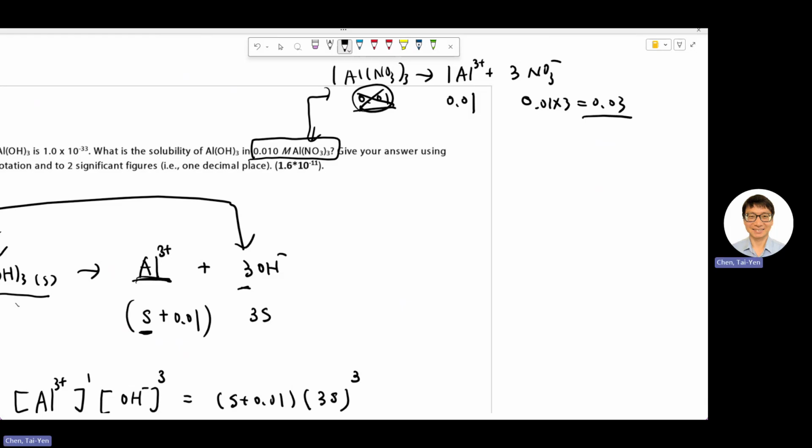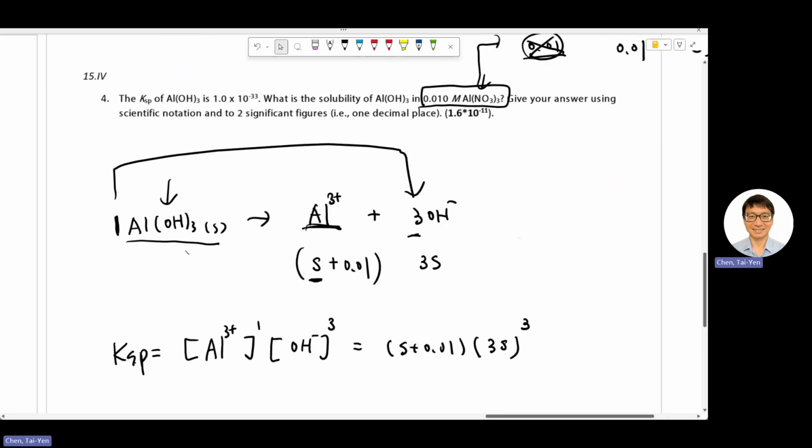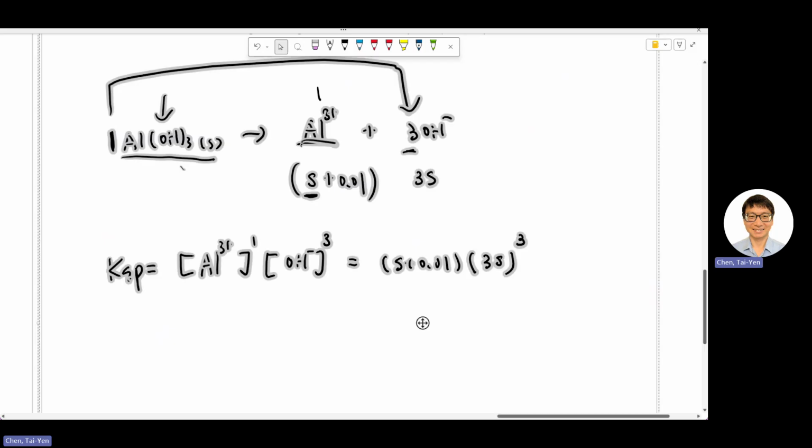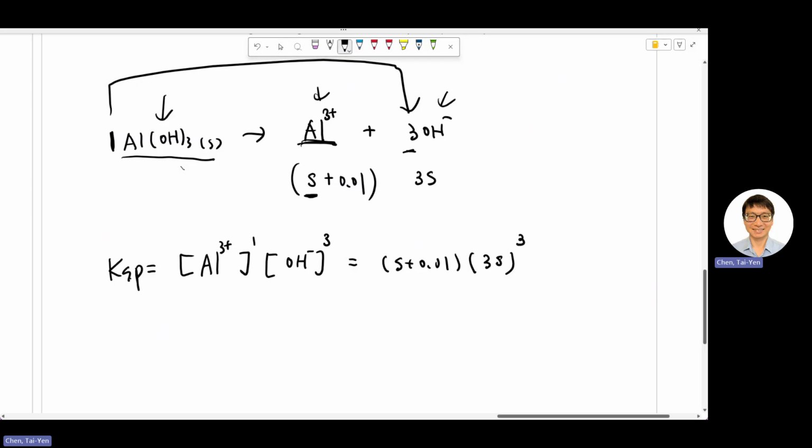You have aluminum, you have NO3-, you have OH-, right? But when you're trying to write out the equilibrium constant, all the things you care about are your Al3+ and OH-.